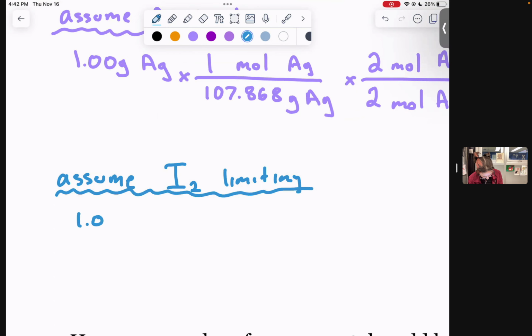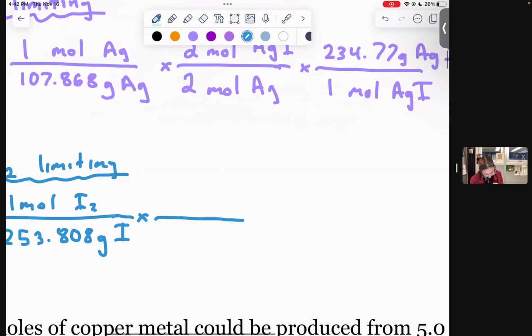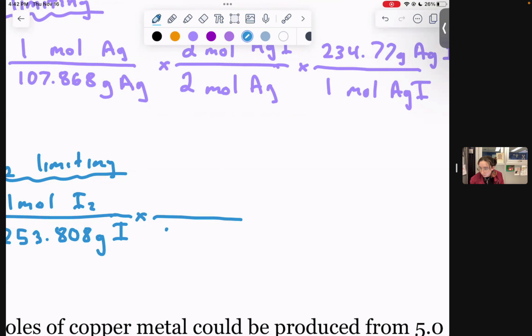Starting with our 1 gram of iodine, changing it into moles using molar mass. Converting it into silver iodide from our balanced equation.